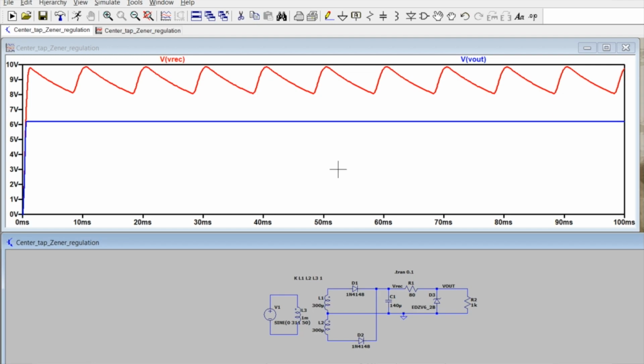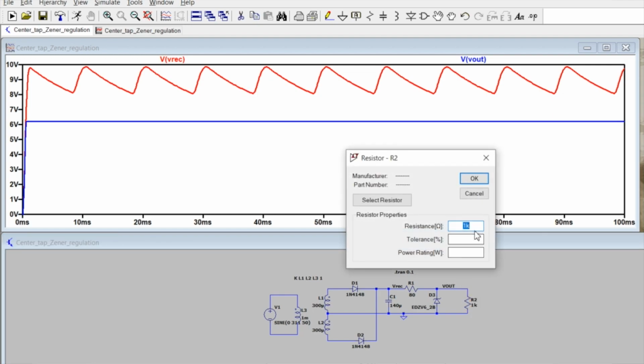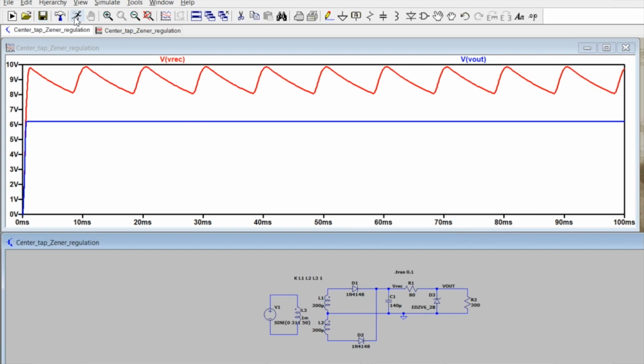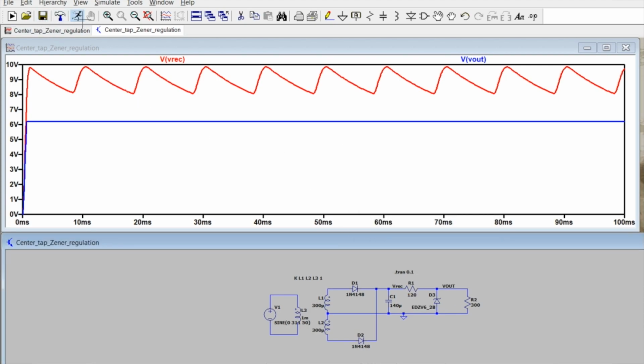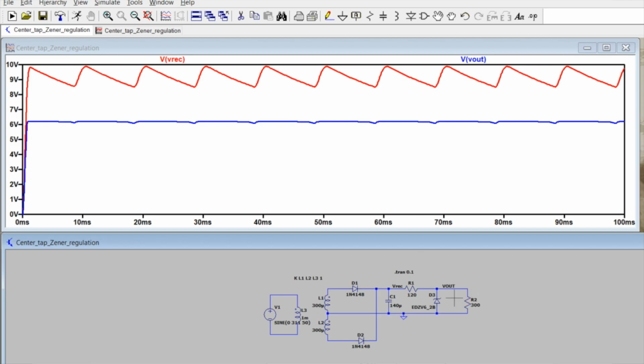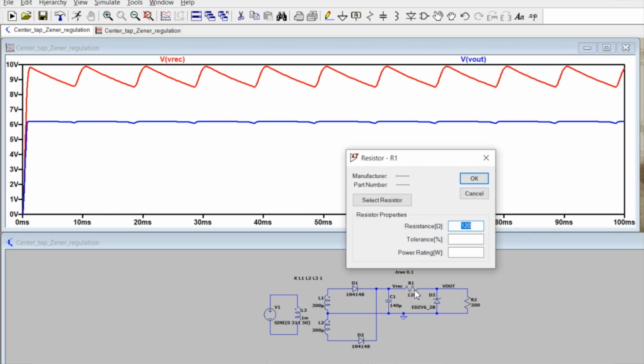Even though it may be varying, it's very minor. I can make it around 300, and it's still flat, the variation is not significant, it's very small. So the ripple is defined by this resistance and this one. But if I change this value, if I make it maybe 120 larger, you will see that the ripple voltage is varying. Let's make it again 80.